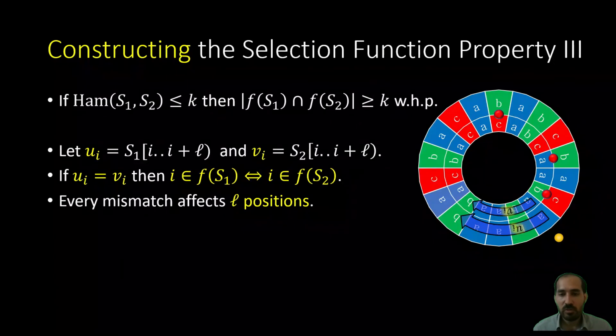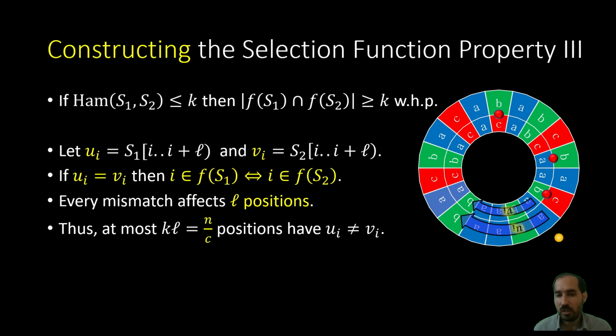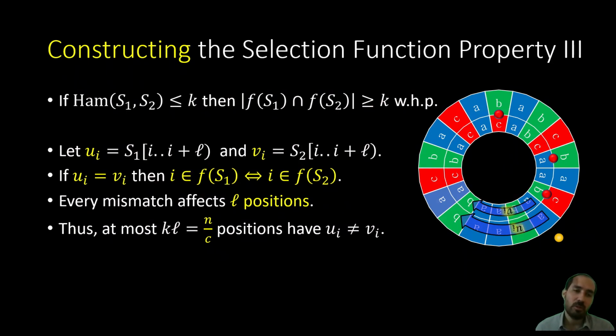But if we consider positions that do not contain any mismatch, then there is no effect and u_i equals v_i. In total, since we assume that S1 and S2 have distance at most k, so at most k mismatches, at most n over c positions have different u_i and v_i.